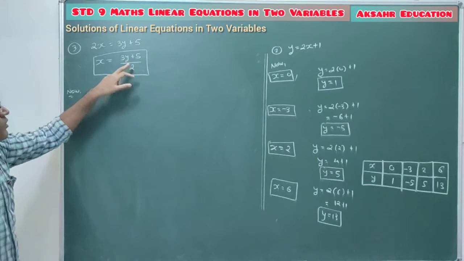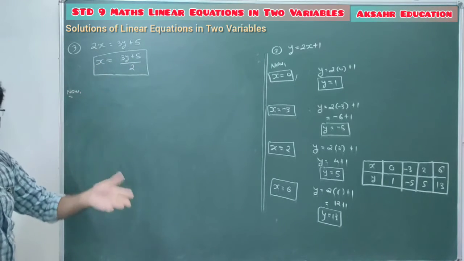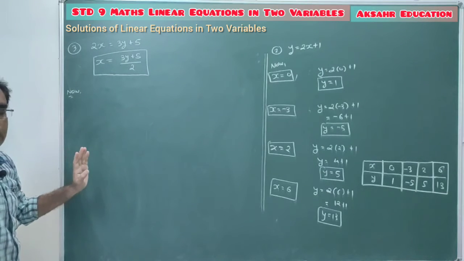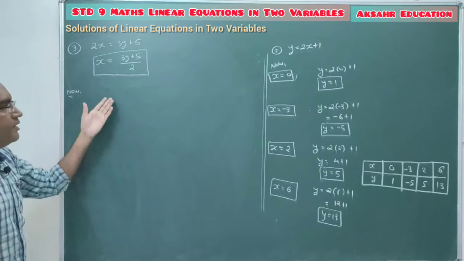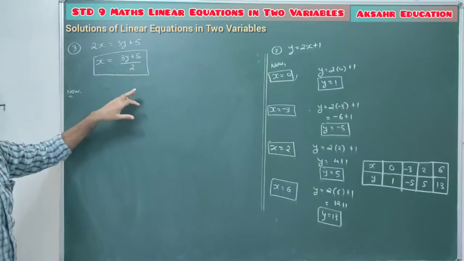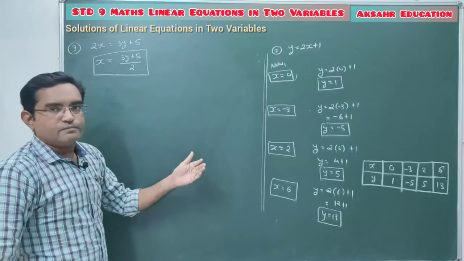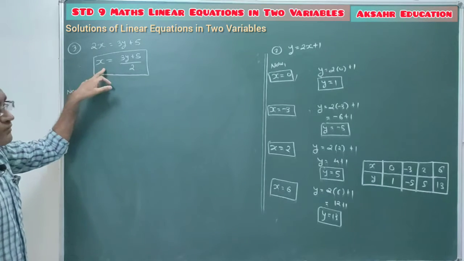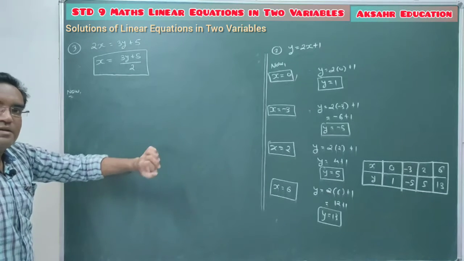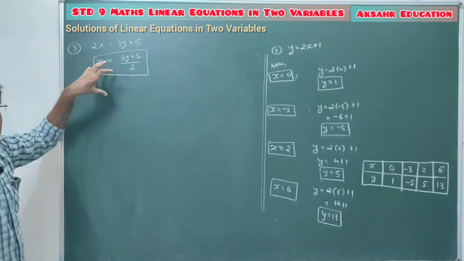Suppose we take y equal to 0, we get the value of x in terms of a fraction. For solutions only, it is not difficult, but if you want to draw the graph of this linear equation and you get a fraction value of x, then it will be very difficult to represent it in the graph, because it is a very tedious task to plot fractions in a graph. So we avoid those values of y for which we get fractions of x.